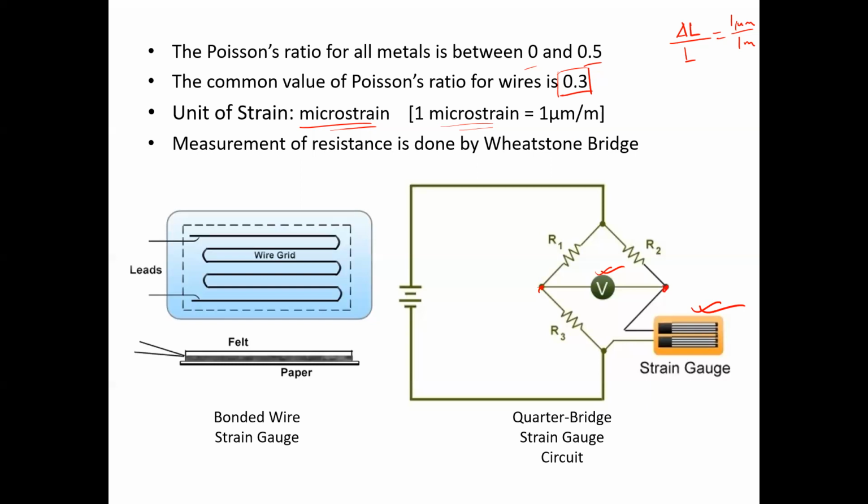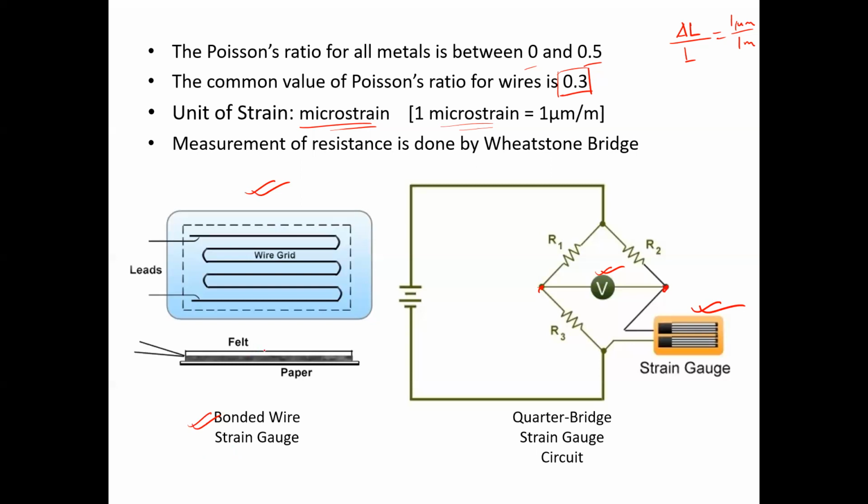Now regarding the construction of the strain gauge, you can see a particular construction is shown over here. This type of construction is called the bonded wire strain gauge. In this sort of construction, there are normally 3 layers.